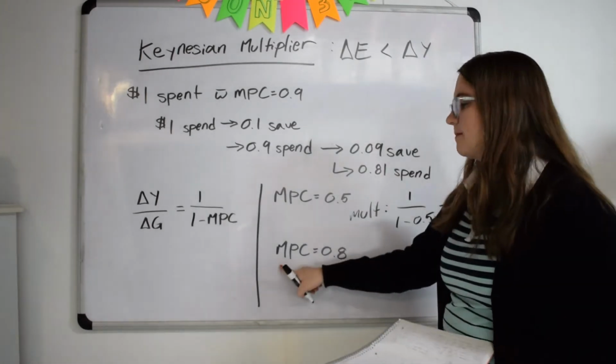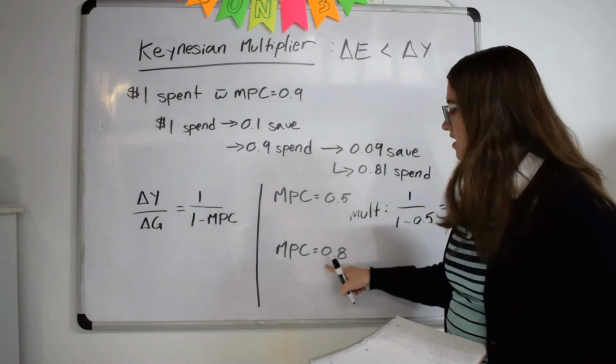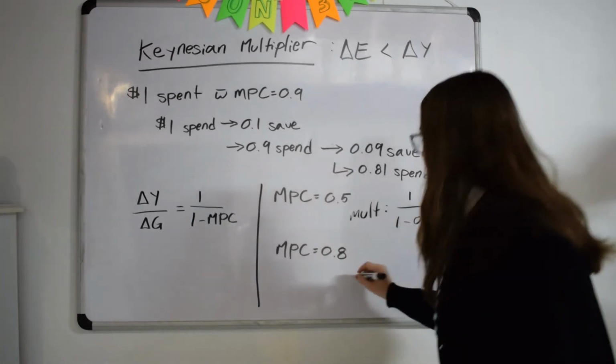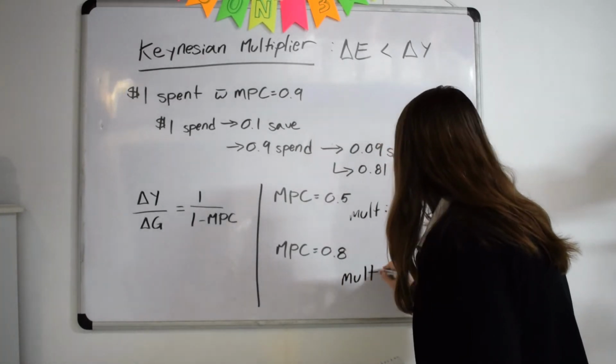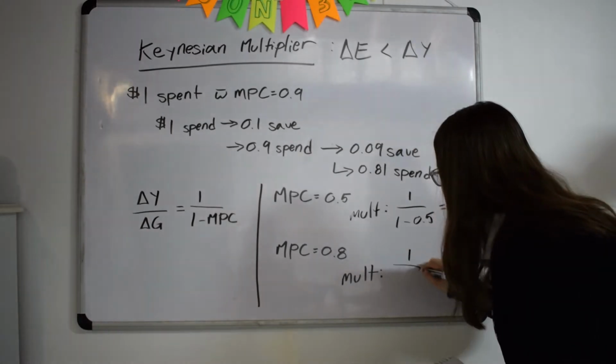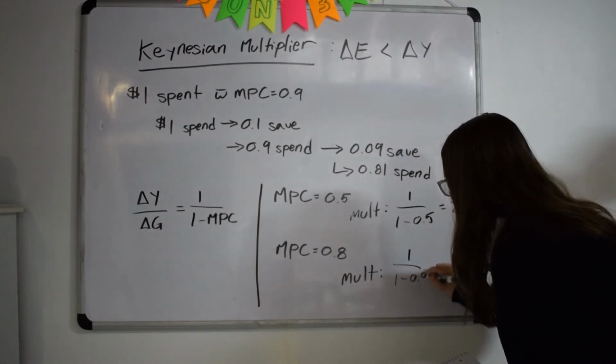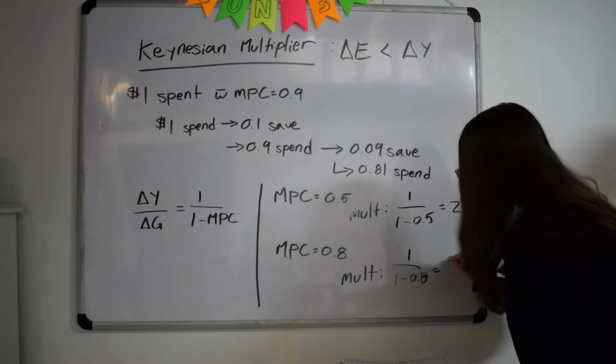Then, if we do a marginal propensity to consume of 0.8, we can find a multiplier of 1 over 1 minus 0.8. This turns out to be 5.